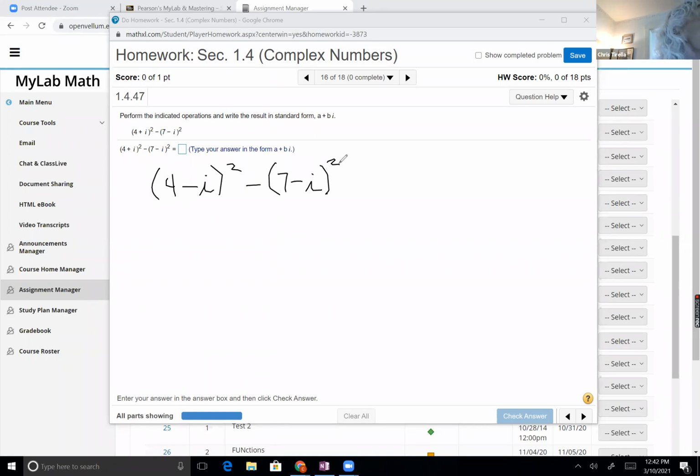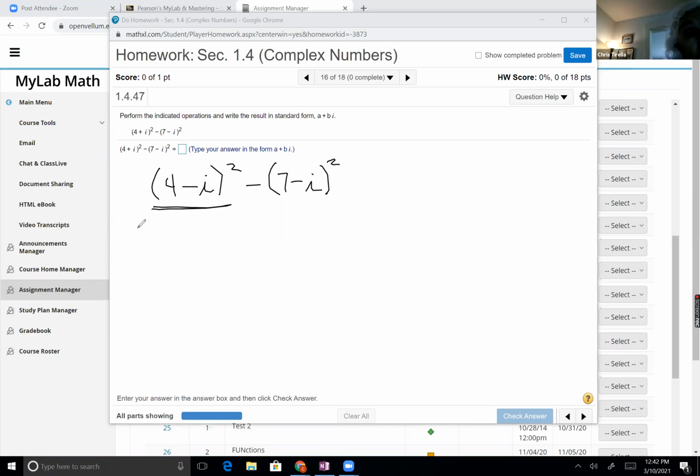That still holds. Start inside the parentheses, but I can't combine those because one part's real, one part's imaginary. After the parentheses, the next thing we do is exponents.